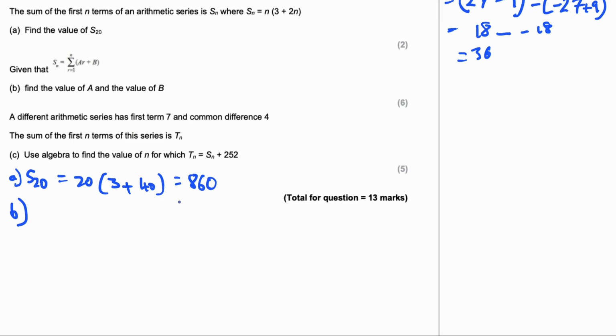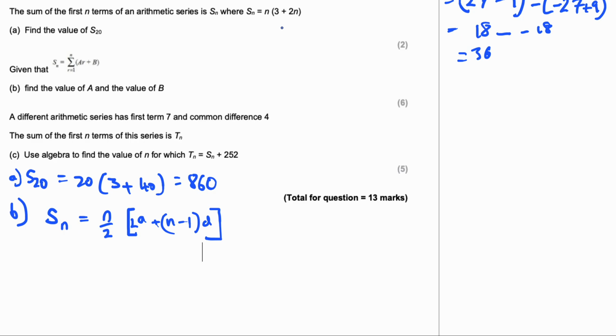So you remember that the formula for the sum of n terms of a sequence is n over 2 times 2a plus n minus 1 times d. And this is what we get for our answer.